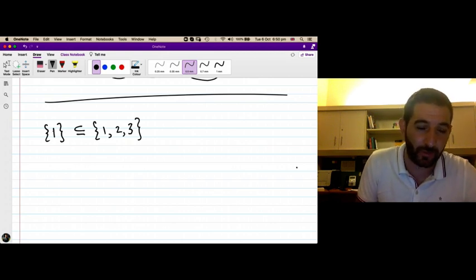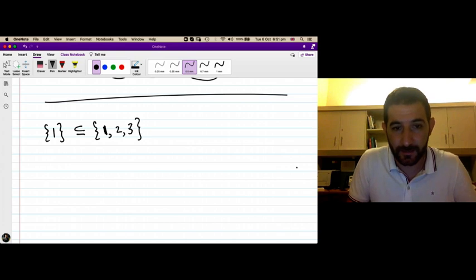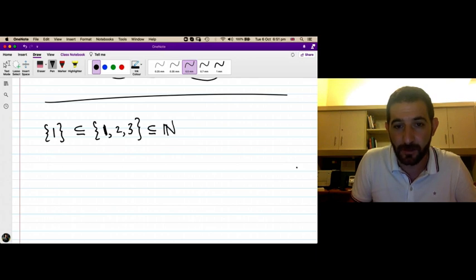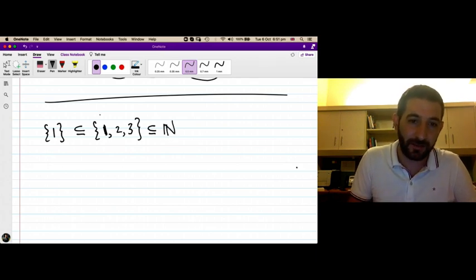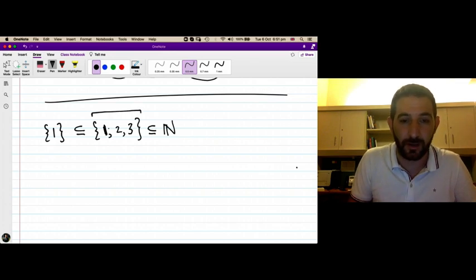We only have one element, which is 1, and 1 also belongs to the other set. Now this set, the set containing 1, 2, 3, is a subset of the set of natural numbers. Why is this? Because every element here, which are the elements 1, 2, 3, are also natural numbers.